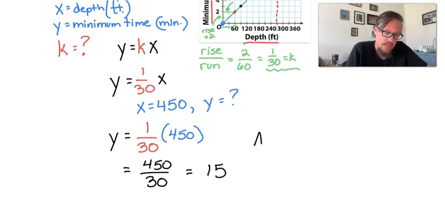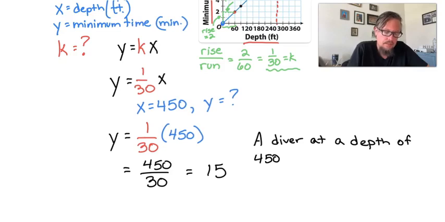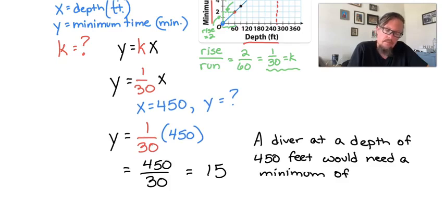So we'll say a diver at a depth of 450 feet would need a minimum of, not 9 minutes, a minimum of 15 minutes to ascend to the surface.